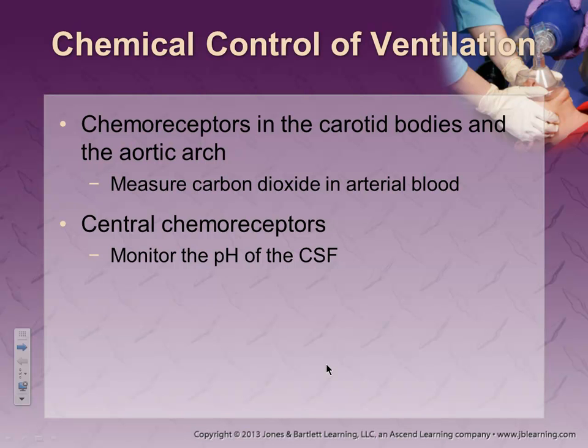The chemoreceptors in the carotid bodies and the aortic arch send signals to the respiratory center by the glossopharyngeal nerve, which is the 9th cranial nerve, and the vagus nerve, which is the 10th cranial nerve.